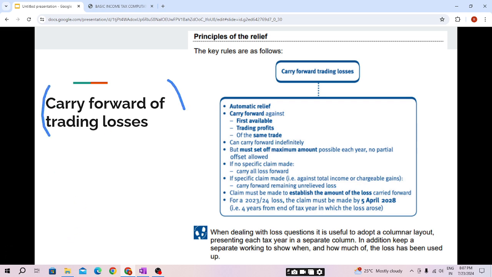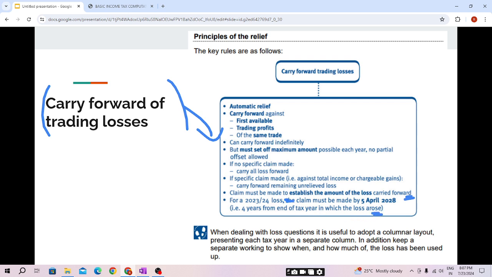The carry forward relief claim must be made to establish the amount of loss carried forward. This claim must be made to highlight the amount which will be claimed. For a tax year 23-24 loss, that is the loss of 23-24, the claim must be made by 5th April 2028, that is 4 years from the end of the tax year in which the loss arose.